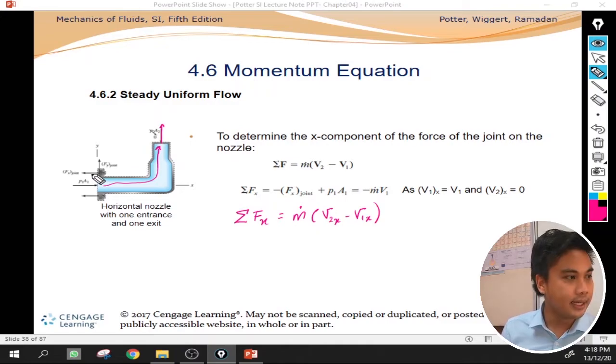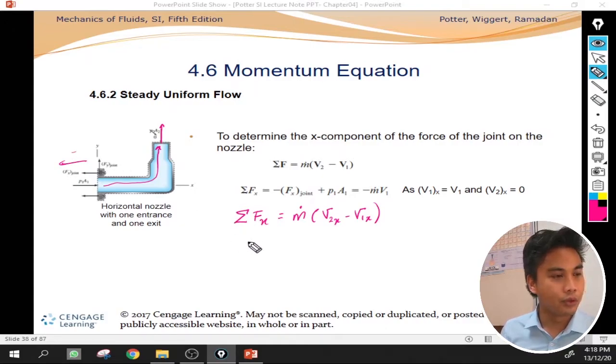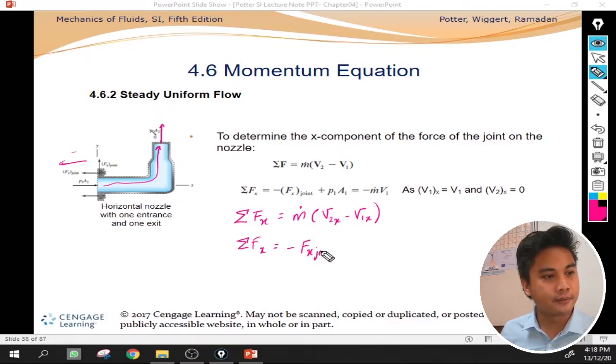You can see this force is basically going to the left. It is negative. So summation of force in x equals negative Fx of the joint. And then we have this pressure force pointing to the control volume. So plus.